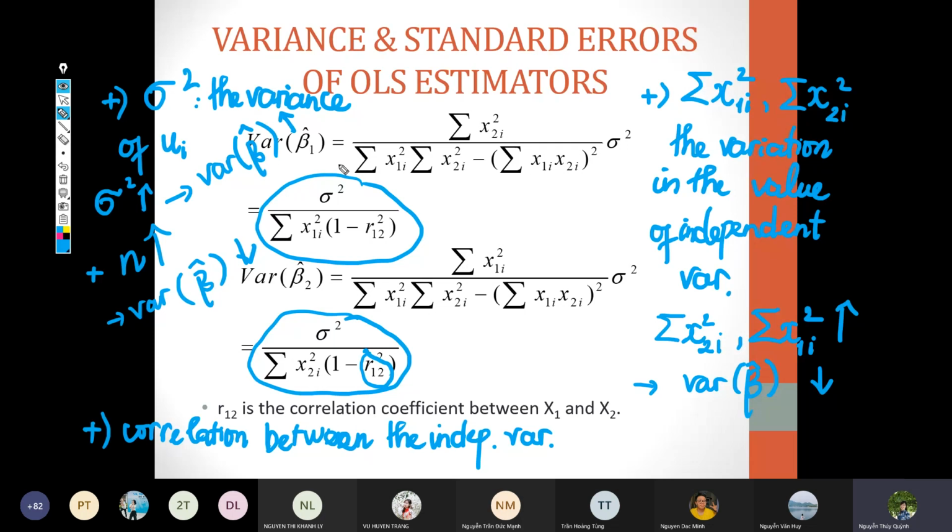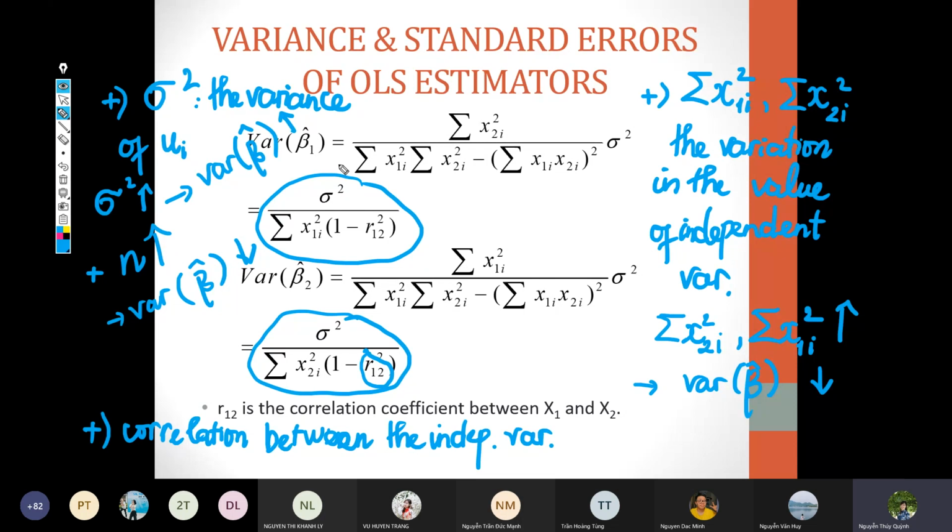Multicollinearity is about the correlation between the independent variables in the model. When we have perfect multicollinearity, which means there is a perfect correlation between the independent variables, then we cannot calculate the value of beta hat.